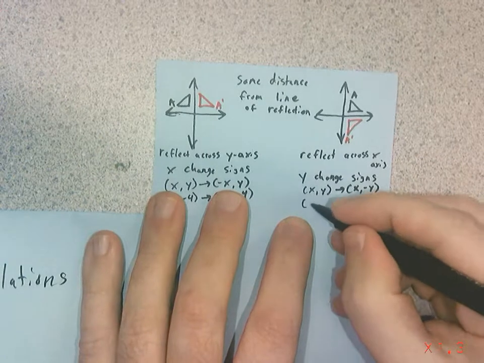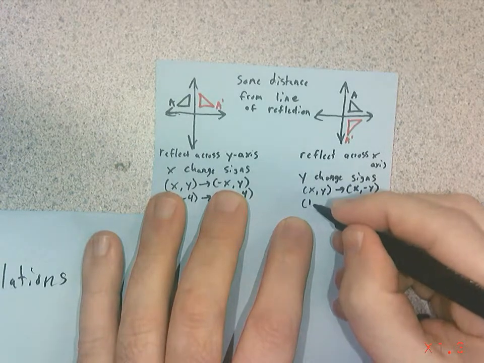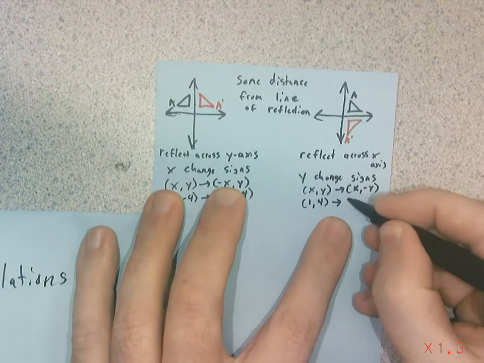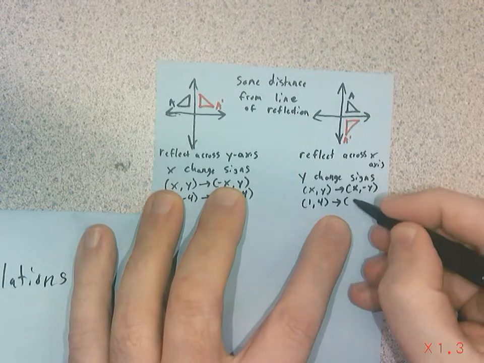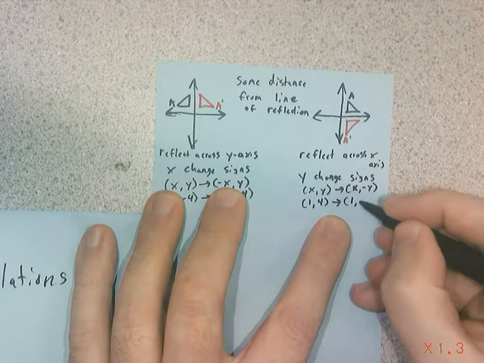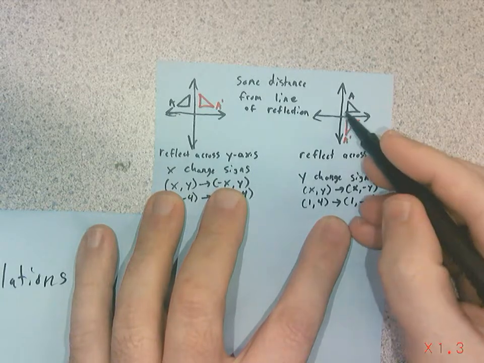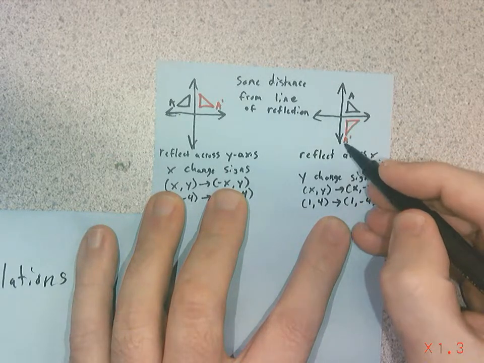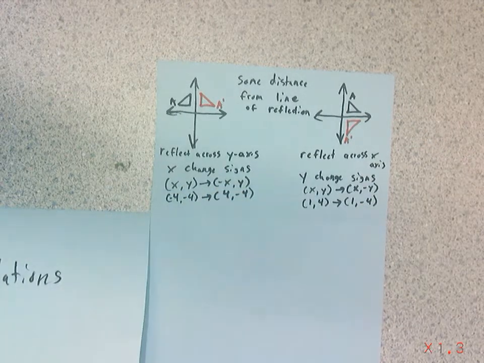So if I had 1, 4, that would become 1, negative 4, right? So that's basically about where A was, right? It was at 1, 4, and then it became 1, negative 4. So that's basically what happens when you reflect across the x-axis.